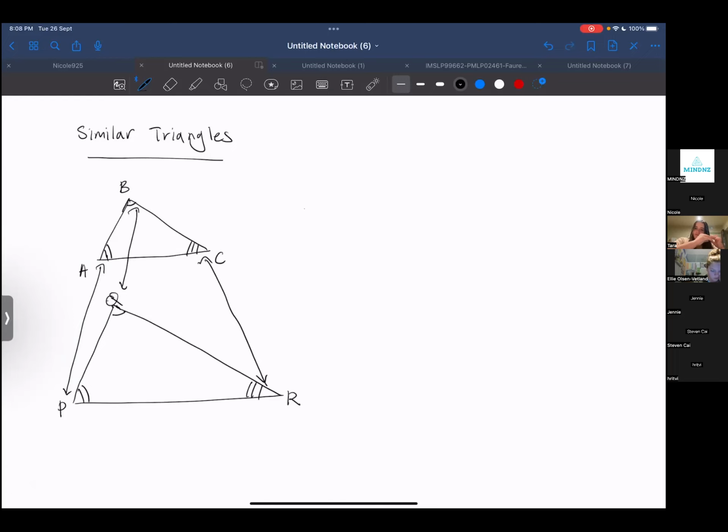What that means is AB divided by PQ equals BC divided by QR, which equals CA divided by RP. Does everyone understand that?